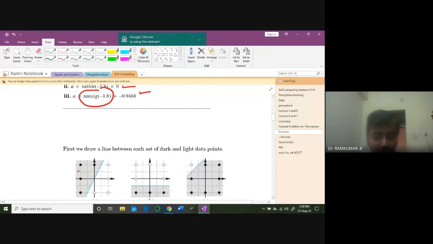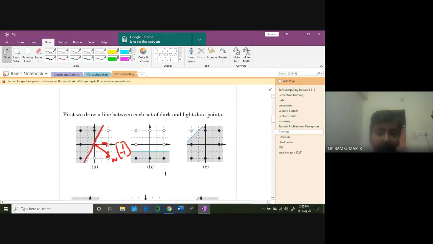Here, in the first case, the line is drawn like this, passing through the origin. Then maybe you can choose your weight here. What is this weight? 1 unit in the x direction, therefore 1 unit in the negative direction. Therefore, this is a weight vector pointing. So if I choose my weight 1, minus 1 for the first problem, I can classify the data.